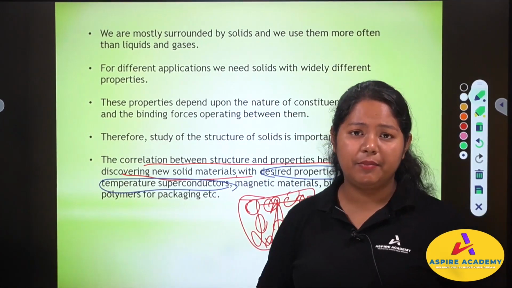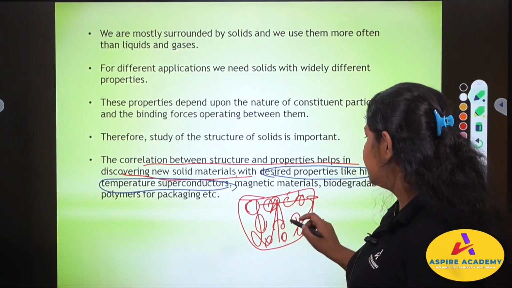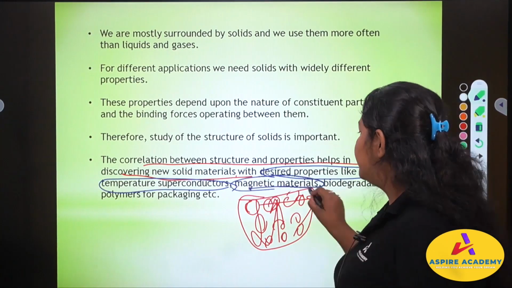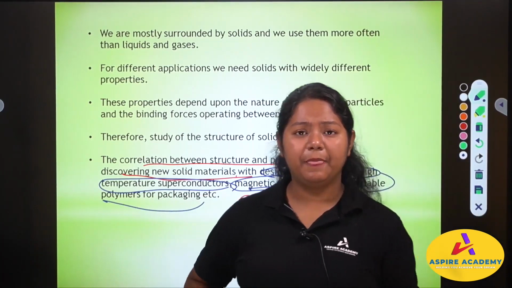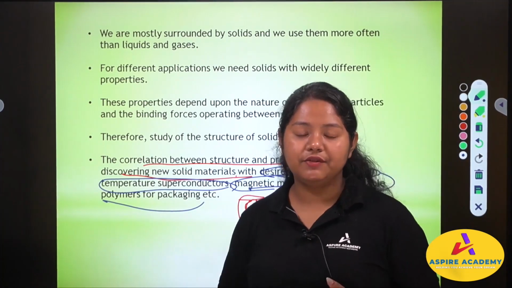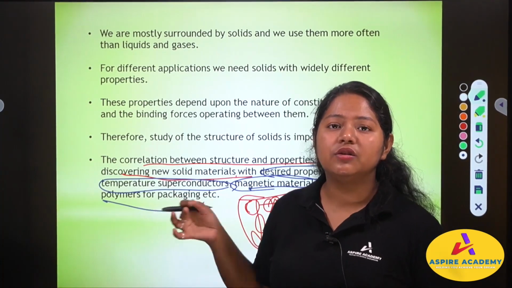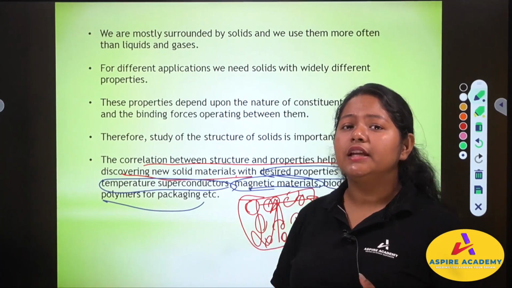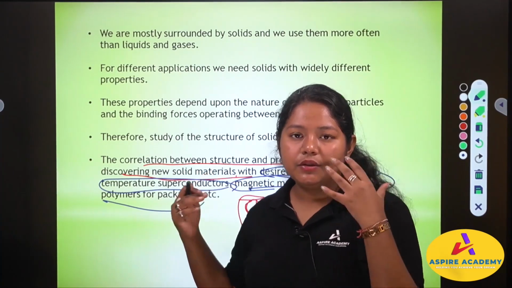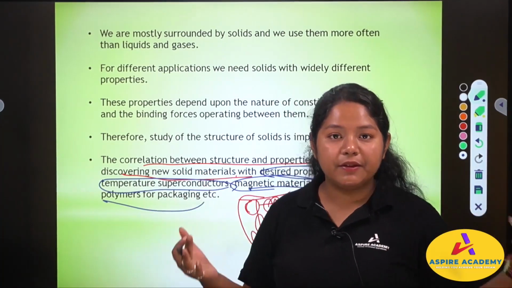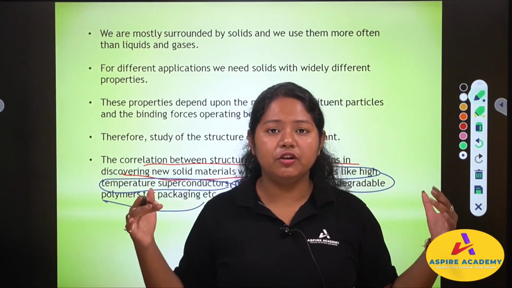We will be able to develop high temperature semiconductors with different magnetic properties, biodegradable polymers for packaging, etc. When we do packaging, that substance is also a kind of solid, so we can develop new products that are environment friendly, that are good for the welfare of human beings.